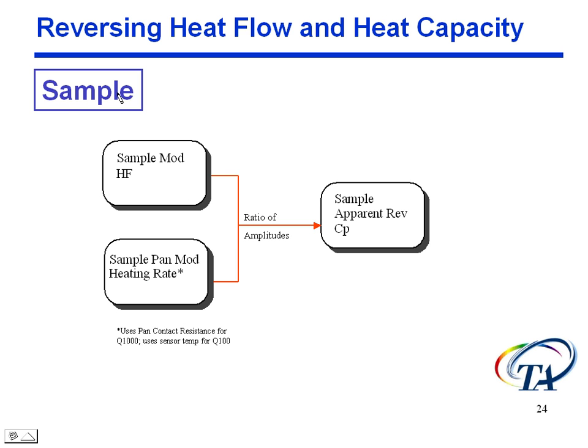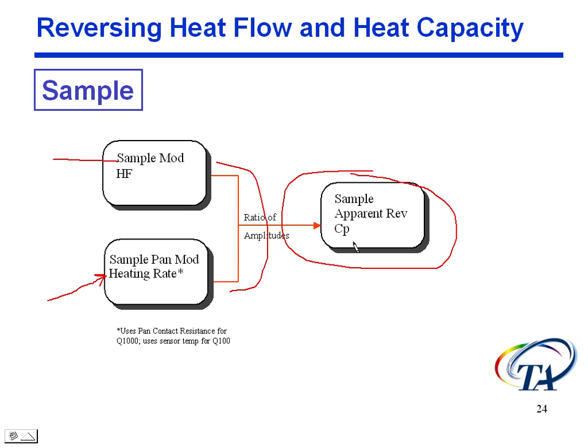Now, on the sample side, we take the sample modulated heat flow, we take the sample pan modulated heating rate. Once again, that's pan for a Q1000, that's sensor for a Q100. We use the ratio of those amplitudes to get the sample apparent reversing heat capacity. Say that 3 times quick.